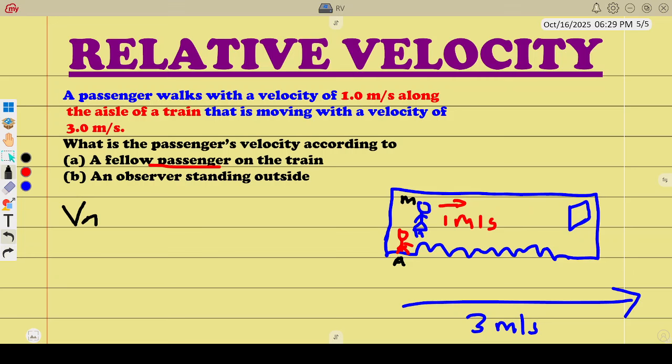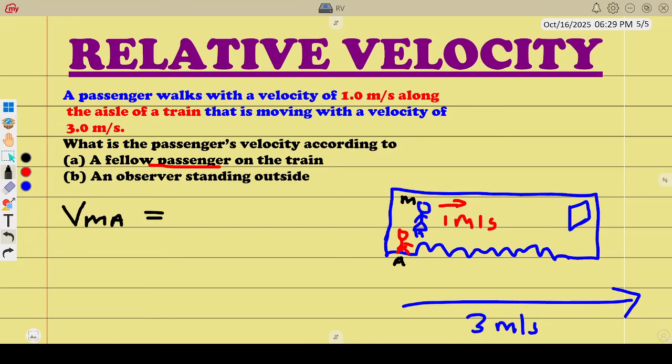If we say the velocity of A with respect to M, it means the velocity of A looking at M, but that's not my question. The question here is, what is the velocity of Maureen, M, when she's being observed by person A?